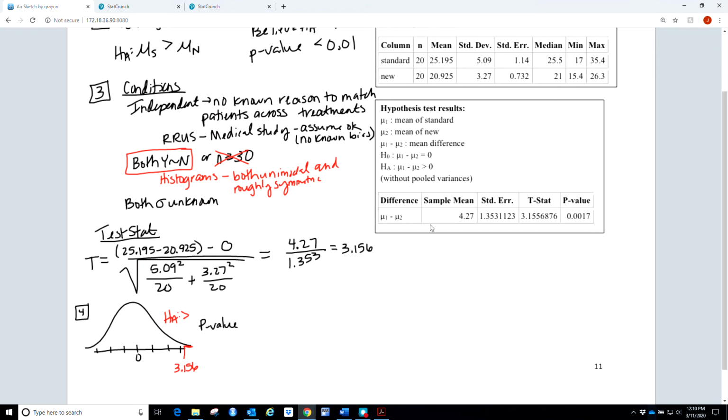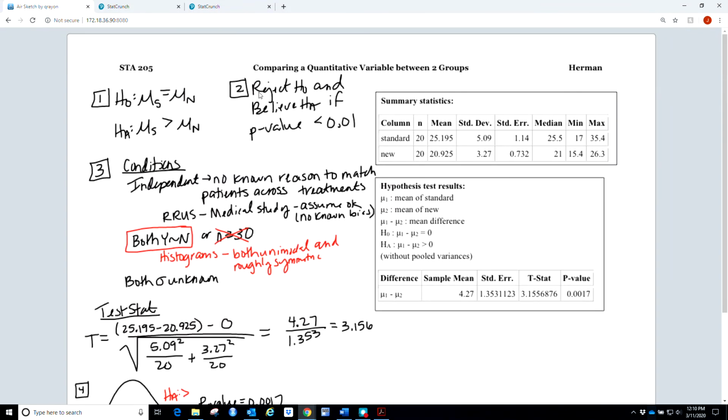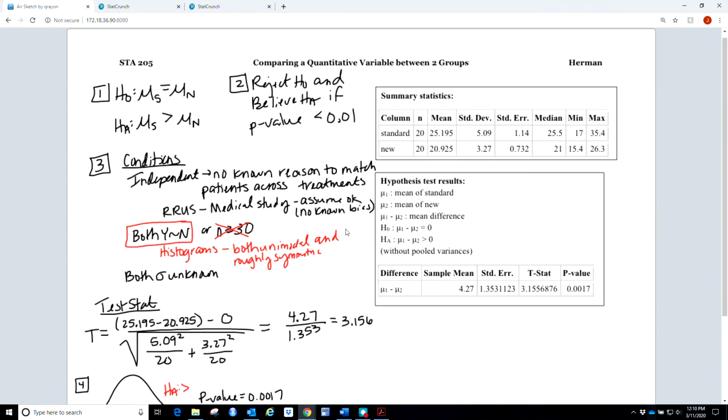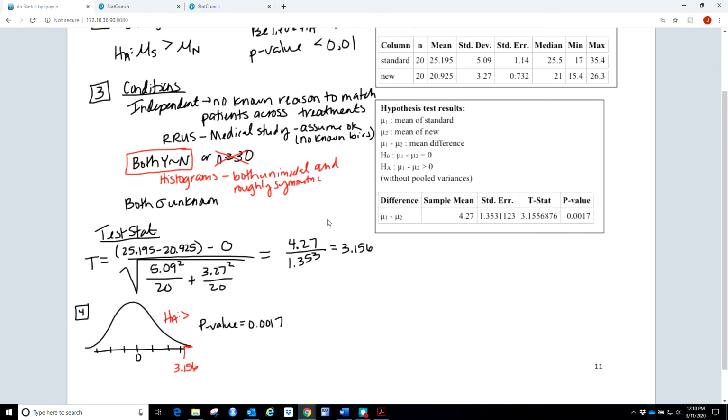So our p-value coming from the StatCrunch output is 0.0017. Going back up to our step 2, that is then less than 0.01. Right, because start checking the numbers. So it is less. So we will reject the null hypothesis.